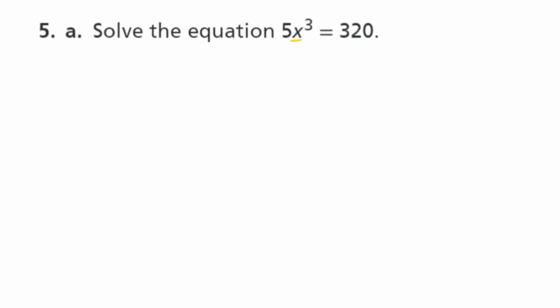So on this one, we have no adding, so there's nothing to add, so we're going to divide by 5. So when we divide by 5, x cubed becomes 64. 320 divided by 5 is 64.